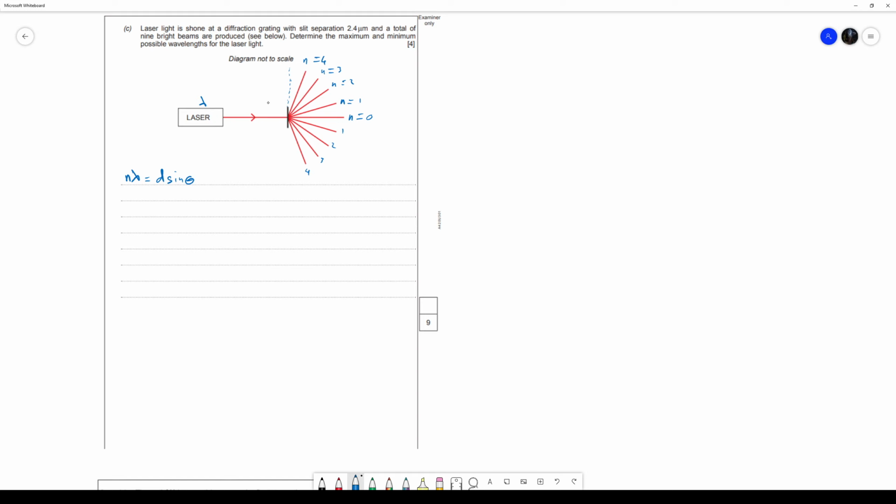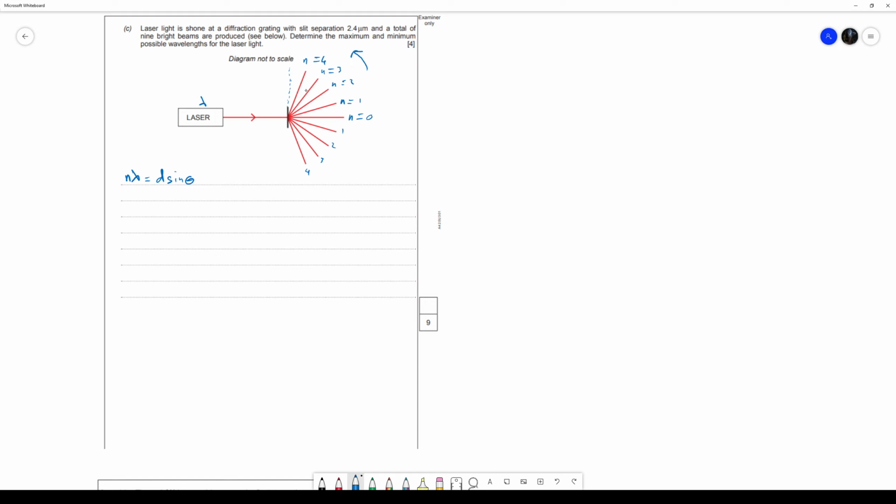As I increase this wavelength, all of these will spread further apart. Look at the equation. If lambda goes up where n and d stay the same, then sine theta increases. Sine theta is an increasing function in the range 0 degrees to 90 degrees. So therefore theta increases. As I increase lambda, all of these would move in this direction.